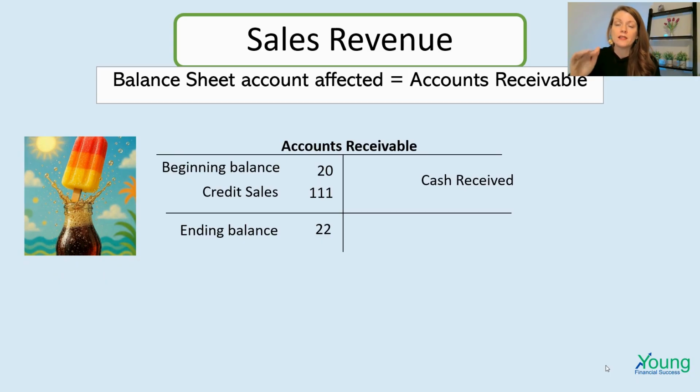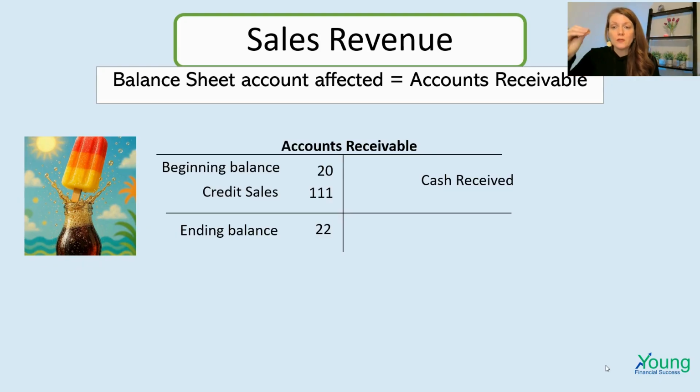We've got a beginning balance of 20,000, and we have an ending balance. So the end of 2025 was 20,000, which would be the beginning of 2026. The end of 2026 was 22,000. Well, if all of those sales were credit sales, then we would have had all of those debited to accounts receivable.